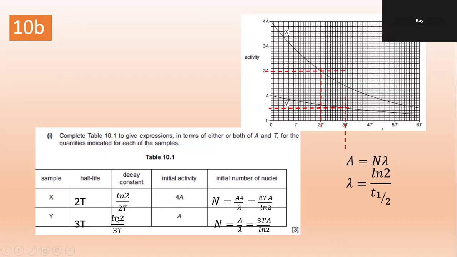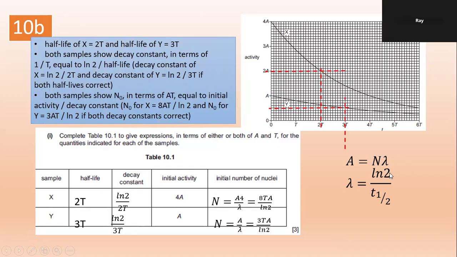Using this equation, is A. Replace it. N is A over lambda. A, in this case, this is your lambda. Can? Any comment? Okay. That's the marking scheme.